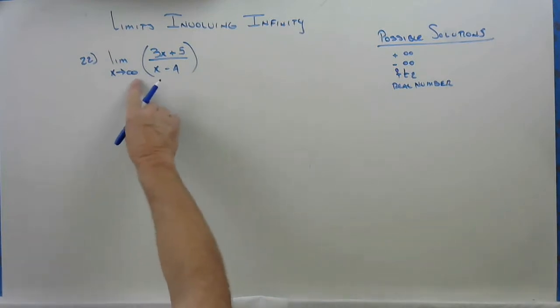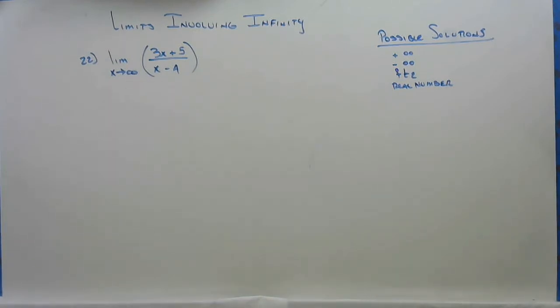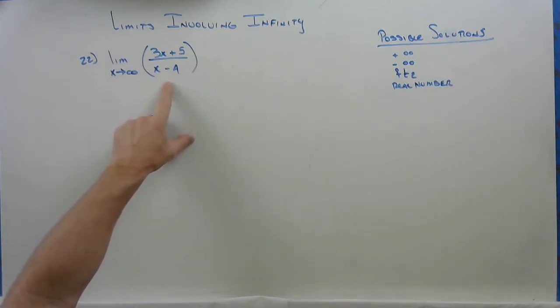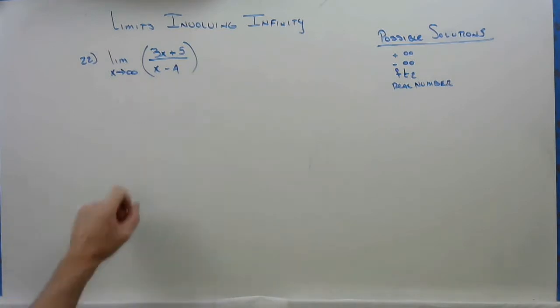So if we're going to infinity, we're not going to plug in. We know what this means from pre-calc. From pre-calc, we know this is really asking us, does this function have a horizontal asymptote as x grows without bound, right? That's what we've been taught.